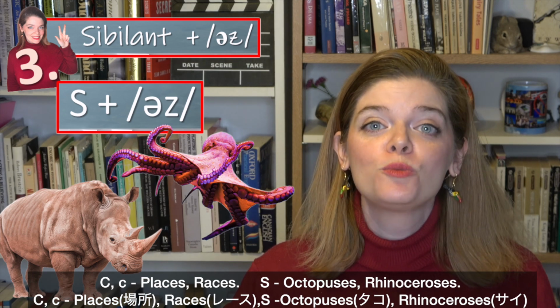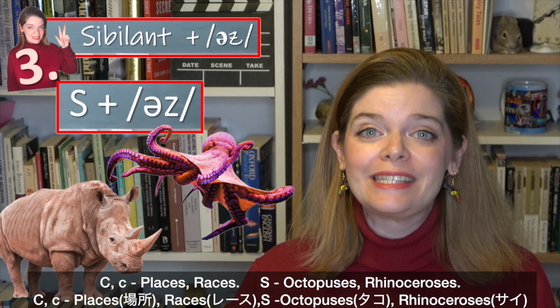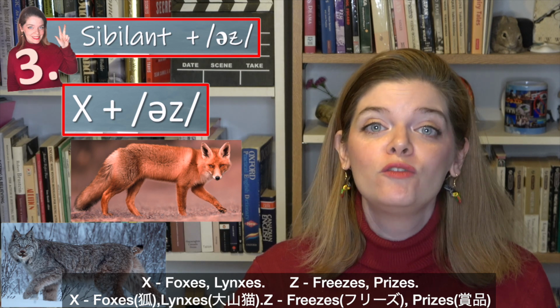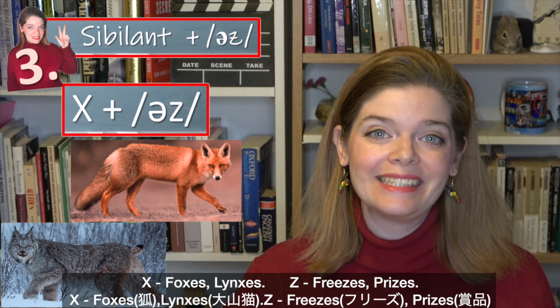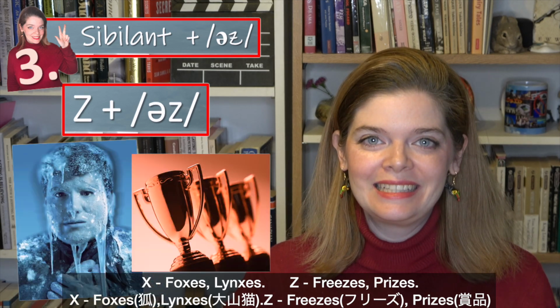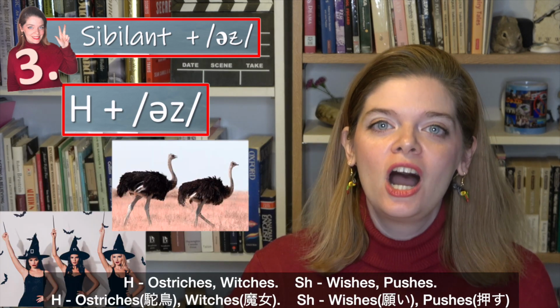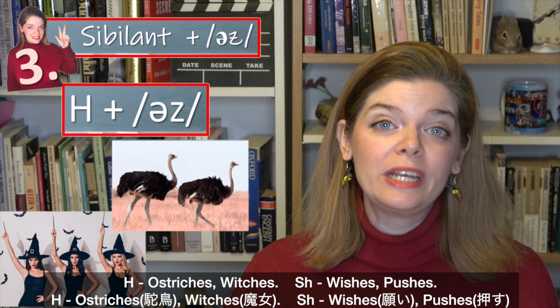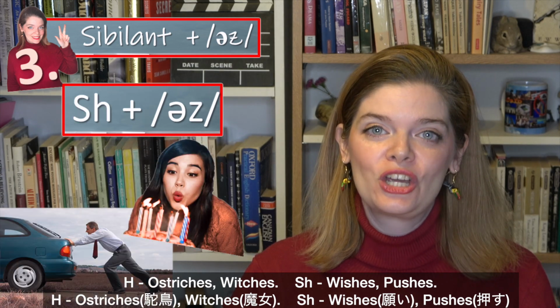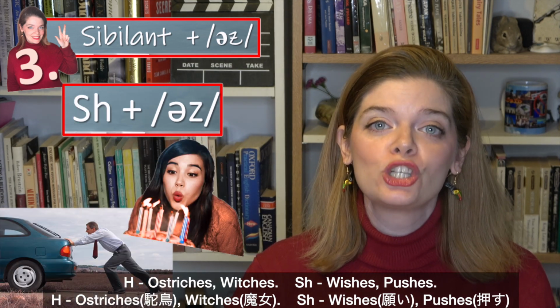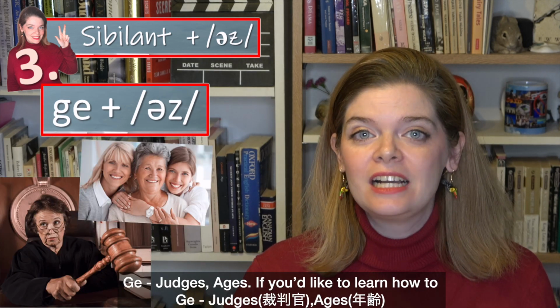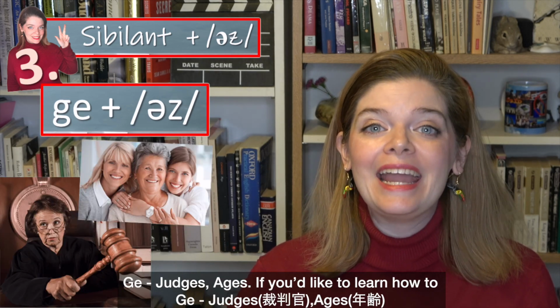S, octopuses, rhinoceroses. X, foxes, lynxes. Z, freezes, prizes. CH, ostriches, witches. SH, wishes, pushes. GE, judges, ages.